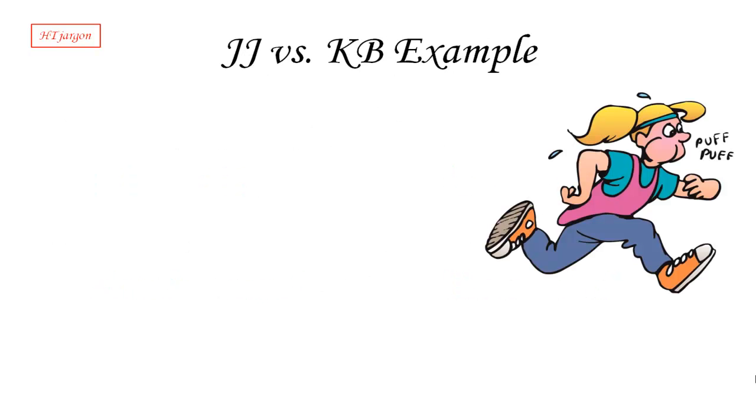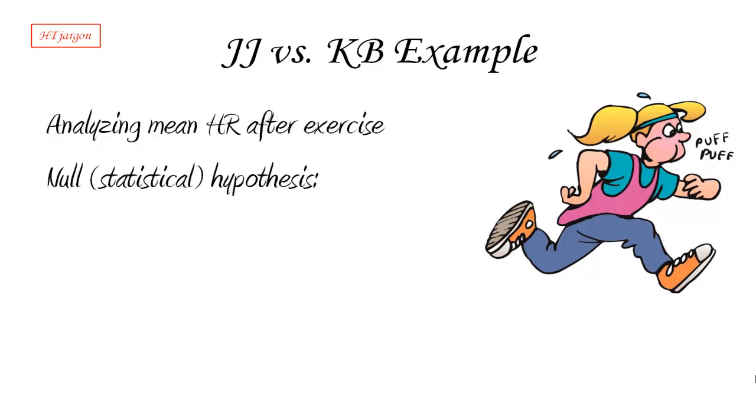Now, let's see how this applies to our example of jumping jacks versus knee bends. In our situation, we were checking first of all the mean heart rate after the exercise in the group that was using the jumping jacks versus the group that was using the knee bends. So the null or statistical hypothesis is that those two means are going to be exactly the same.